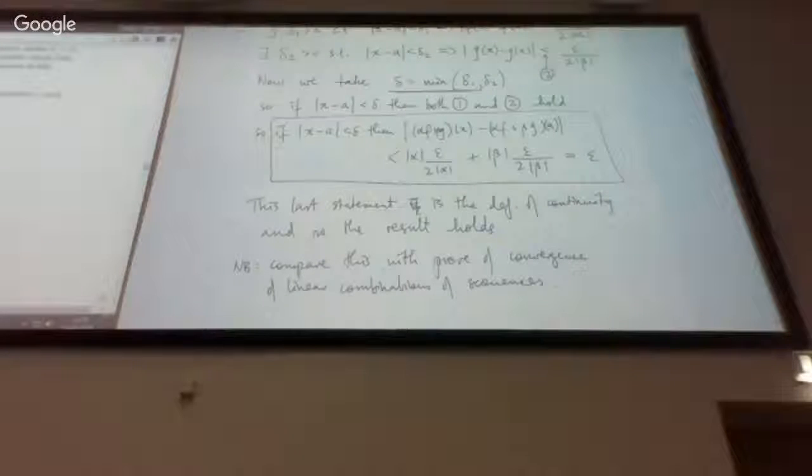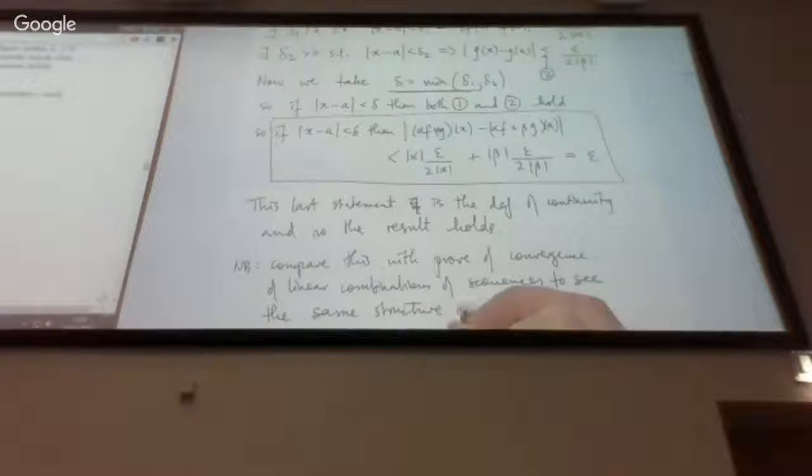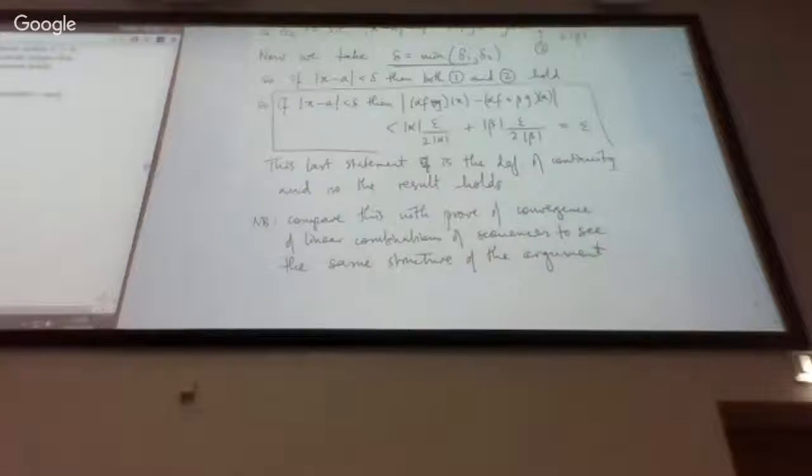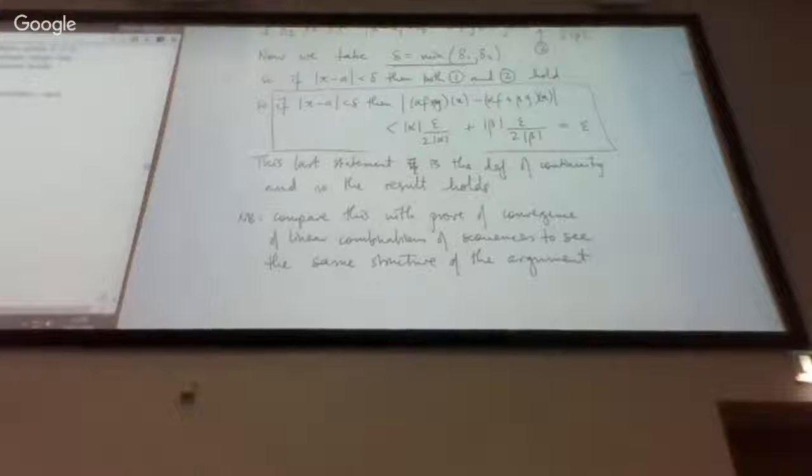But the underlying structure of the argument is the same. Compare this with the proof of convergence of linear combinations of sequences to see the same structure of the argument. This is one aspect of mathematics that's quite important as you work through it.